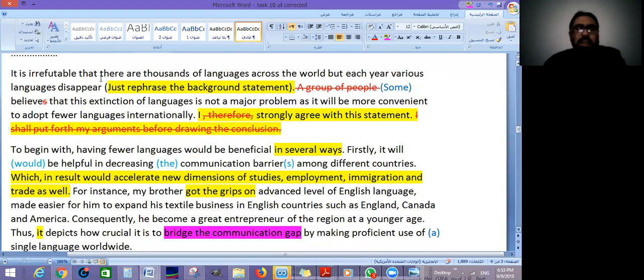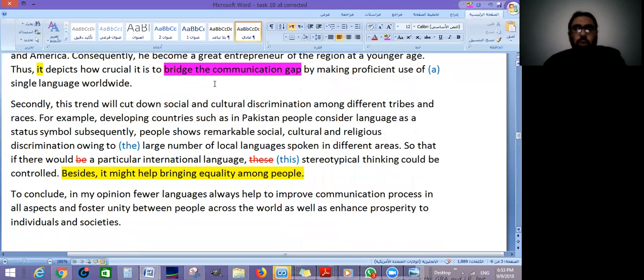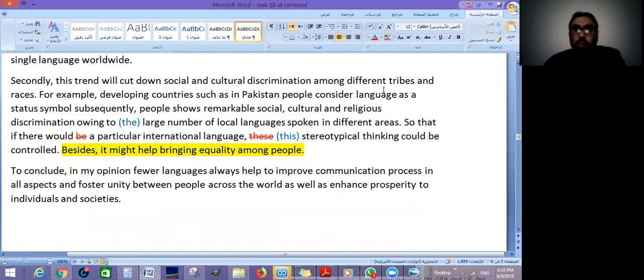Okay. Secondly, this trend will cut down social and cultural discrimination among tribes and races. For example, developing countries such as Pakistan, people consider language as the status symbol. Okay, so subsequently people show, we can't say people shows, we have to say people show, yeah?